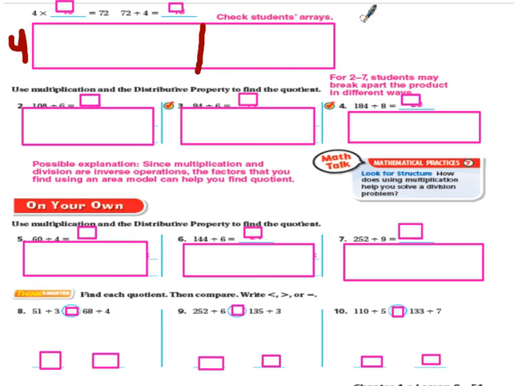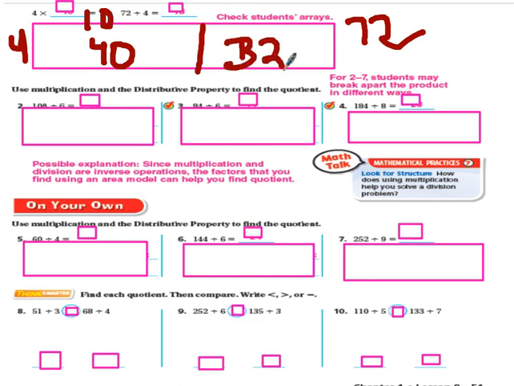Trying to get to 72. 4 times 10 equals 40. And I have 32 left over. 4 times 8, plus those together, and my answer is 18. And if we look, that works.